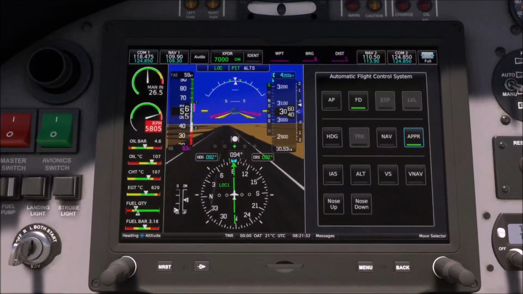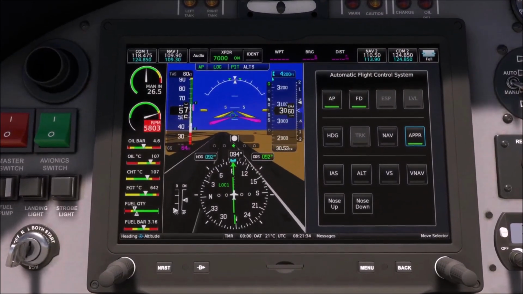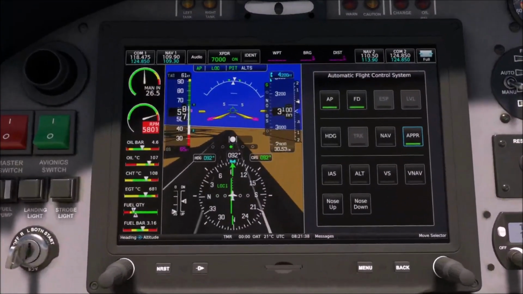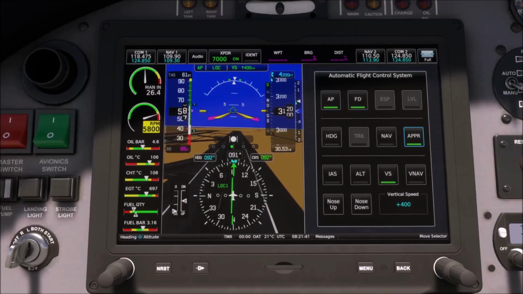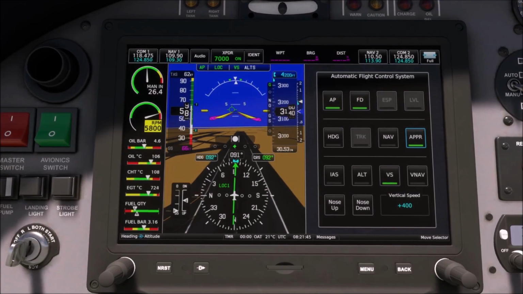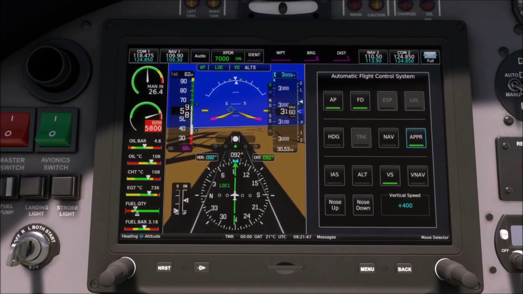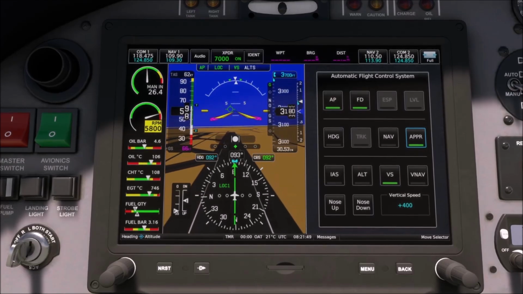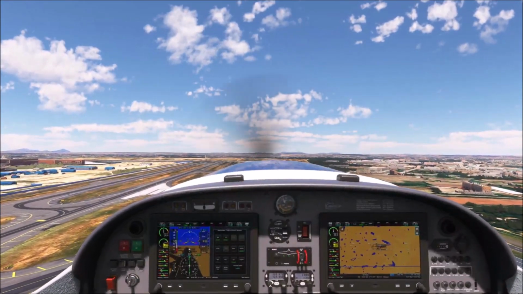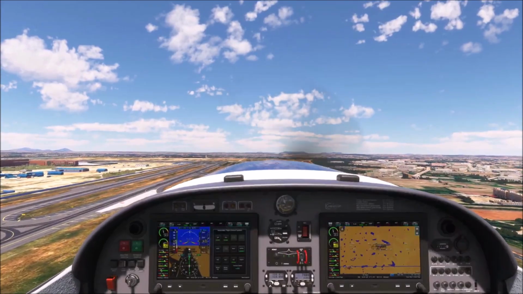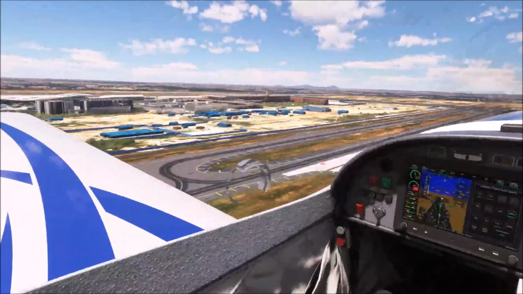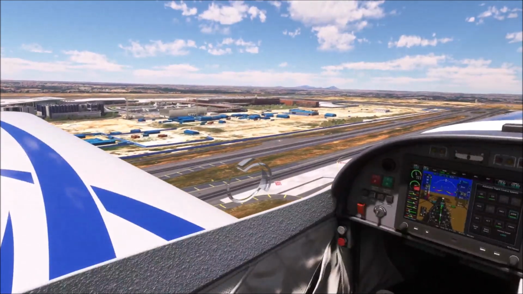Let me have a look. 4,200 feet. Okay, autopilot is engaged again. And the rate of ascent of 400. Maybe I can as well have an altitude of 3,700 feet only. Good.